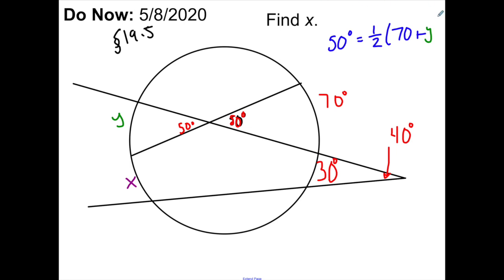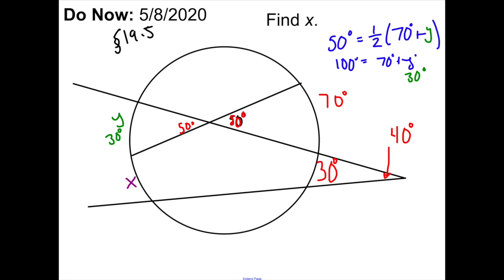It's 1/2 of the sum of those arcs. So if I simplify by multiplying by 2, I get 100 degrees equals 70 degrees plus y. So y has to be equal to 30 degrees, right? Because 30 plus 70 is 100, and if you take 30 plus 70 divided by 2, you get 50.